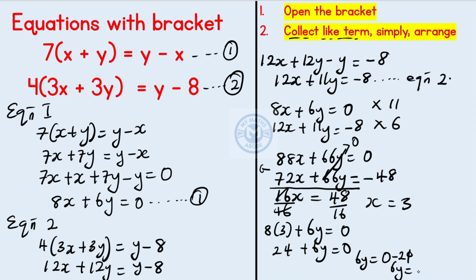So 6y is equal to negative 24, and this will leave y to be equal to negative 4. That is when you divide both sides by the coefficient of the unknown, which is 6. So that will leave our answer to be x equal to 3 and y equal to negative 4.